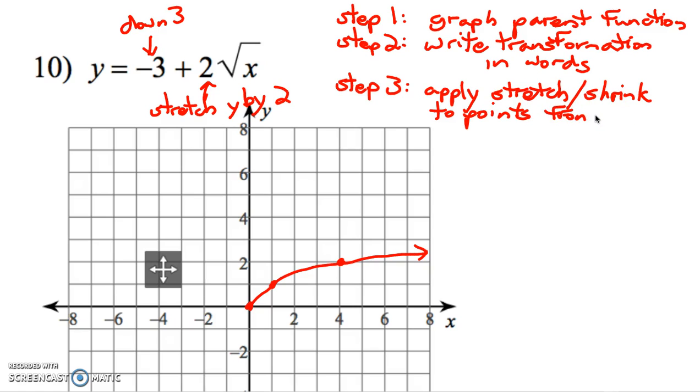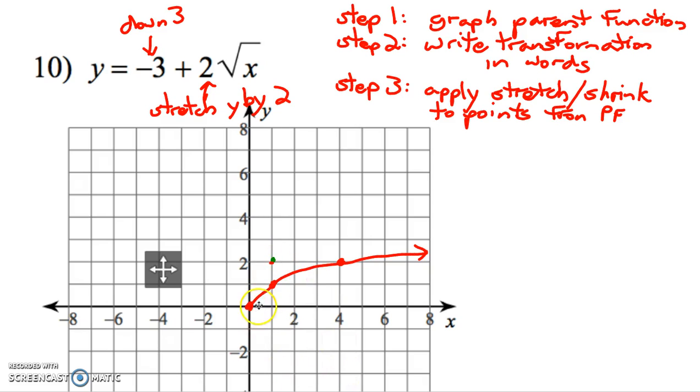Remember what we said, if it's happening to the y, we're going to multiply the y value of that point by 2. And so we'll go ahead, and this doesn't change because the y coordinate here is 0. Multiplying doesn't change it. Here, the y coordinate is 1. If I multiply that by 2, I get 2. And so I go up, and this is where my new point will be.